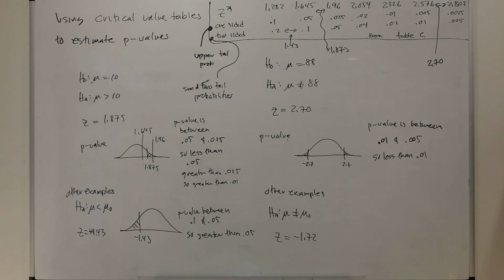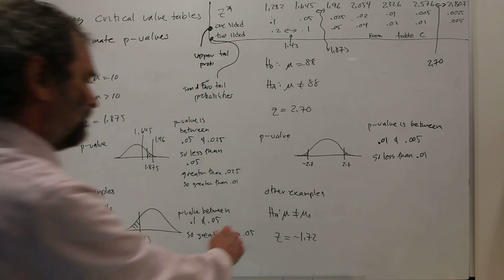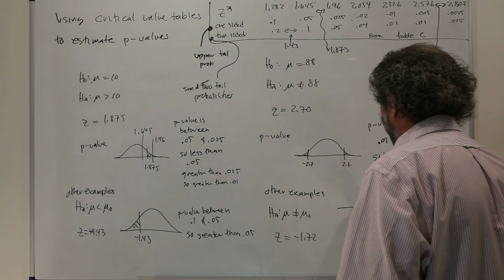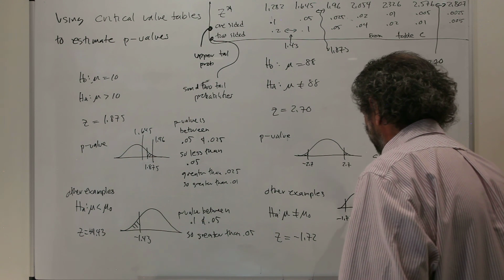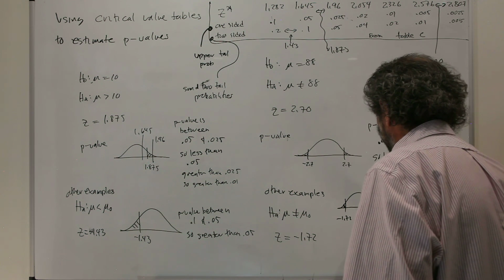What about this guy here? It's a two-sided alternative. The z is minus 1.72. Hang on, I'll draw the picture of that. Here we go. Not the best. Minus 1.72. We need the two tails.